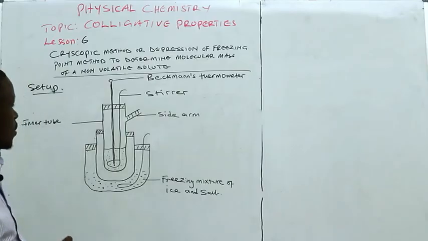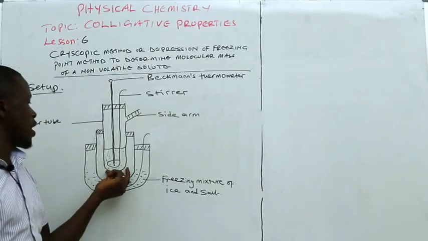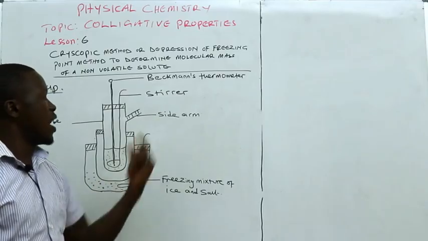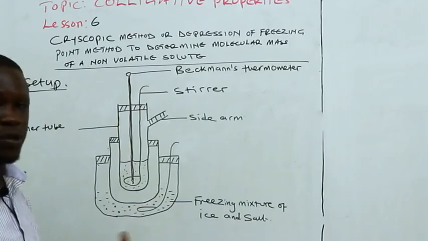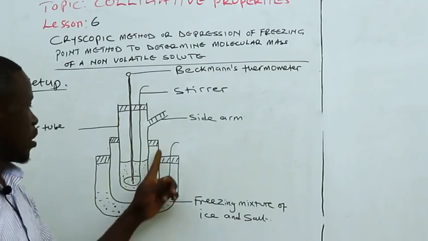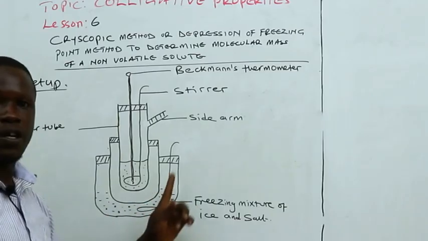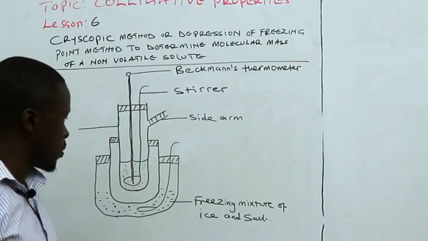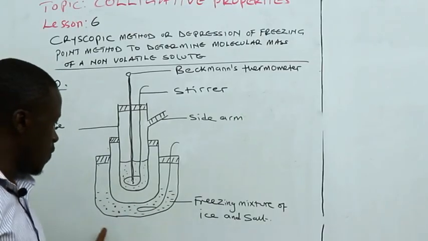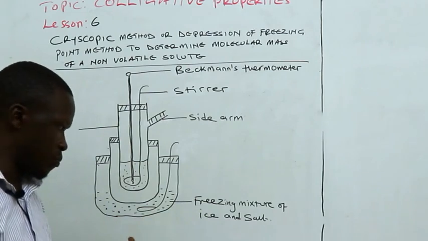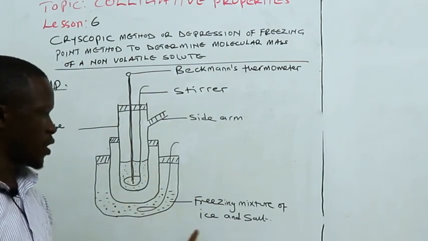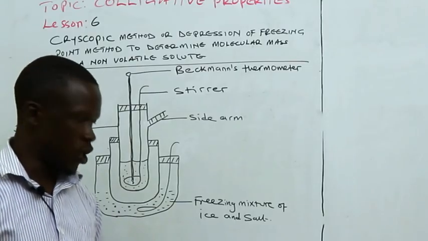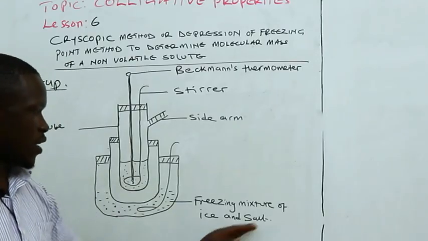Apart from this one that has a unique side arm for introduction of the solute, this one here could even be simply an empty beaker, and then we have another bigger beaker outside, in which the two are inserted. It has what we call a freezing mixture of ice and salt.